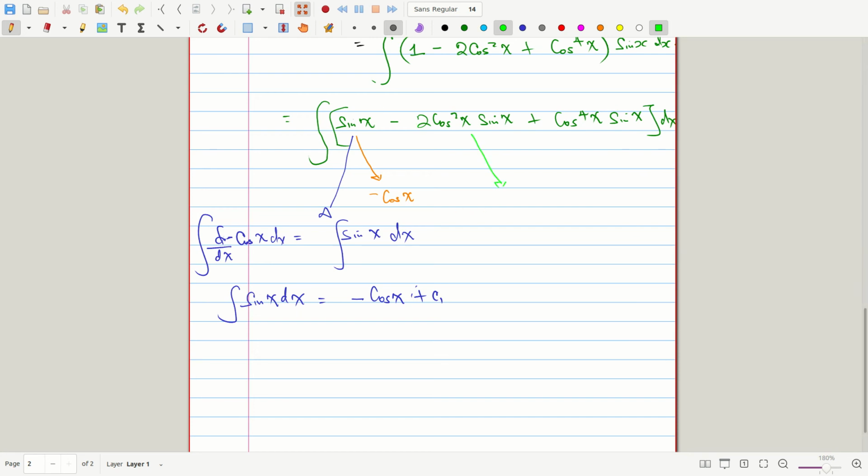We have a negative here, so we shall just leave the negative and the constant alone. Let us just concentrate on integrating cos squared x sine x dx. If you have gone through many examples of the previous video, then you should be able to see that we have a function here, cos x.